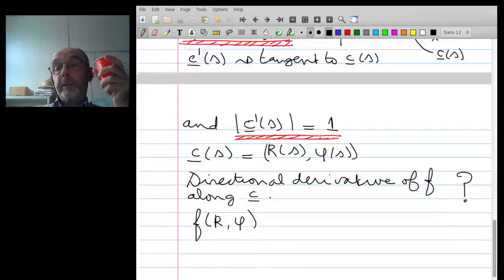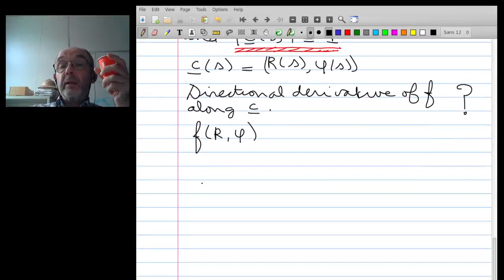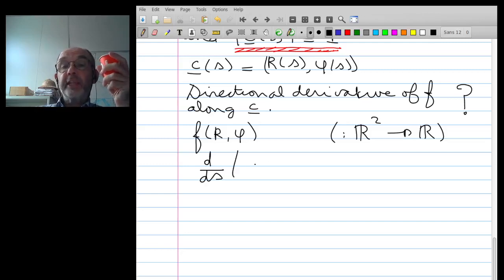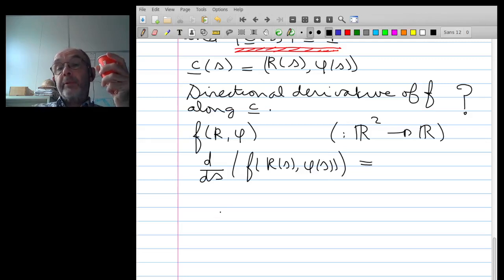This is your function, so that goes from R2 to the real numbers. Now we fill in the curve and we differentiate the whole thing. So the radius depends on s, the phi depends on s. Now, what can we do?